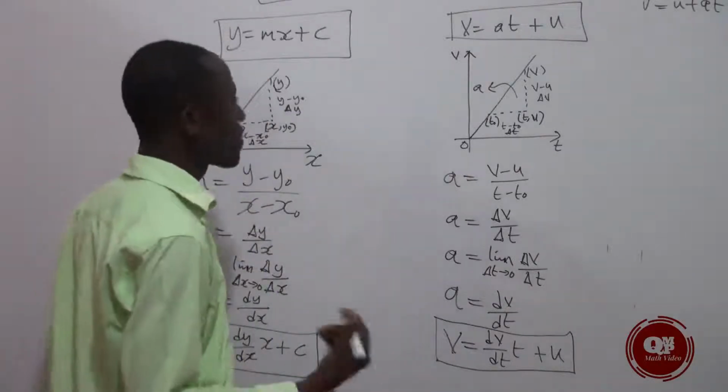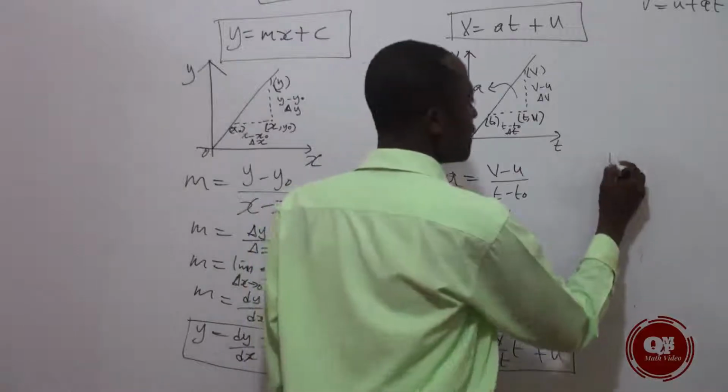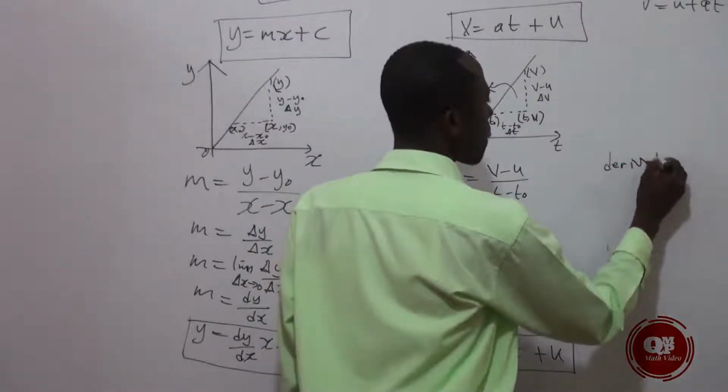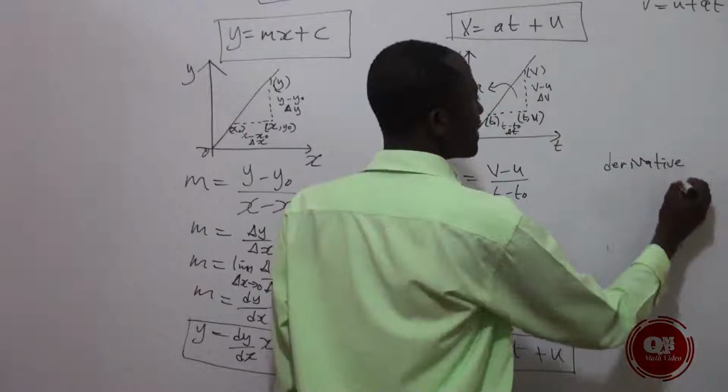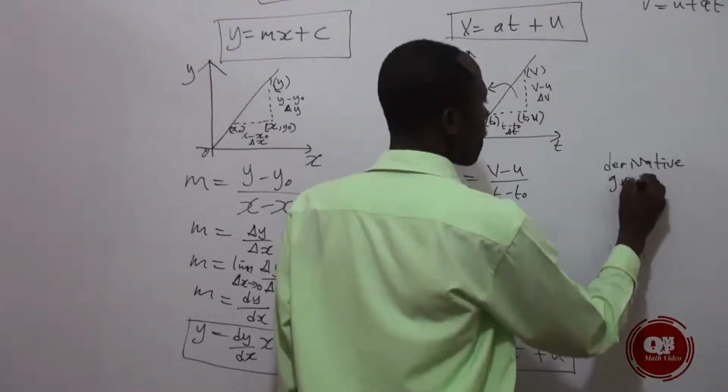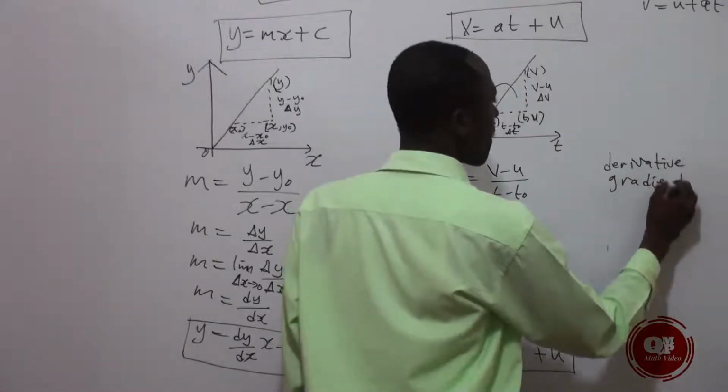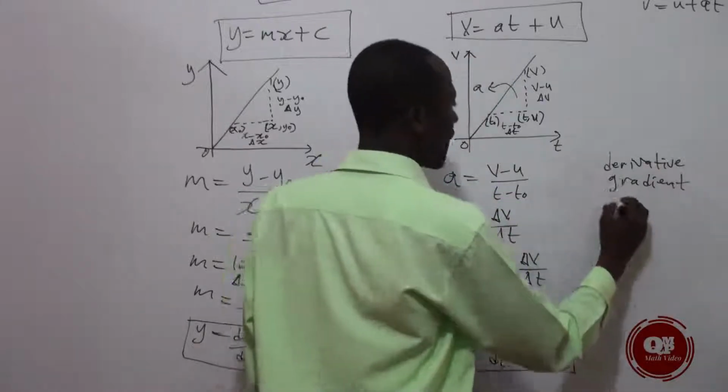So, as at this time, I think we can say that a derivative is the same as gradient and is the same as differential.